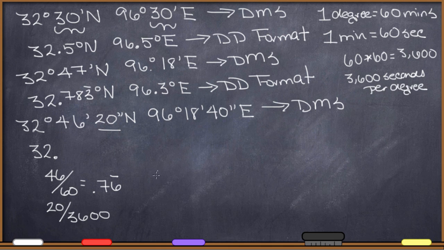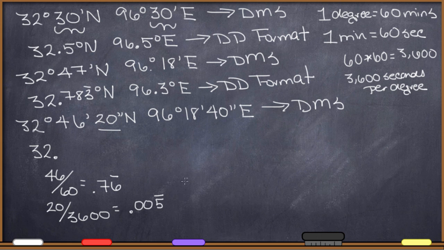So if you want to know, in this case, what fraction of a degree, which is precisely what we want to know, what fraction of a degree is 20 seconds? If I take 20 seconds and divide that by the number of seconds in a whole degree, 20 divided by 3,600, I get 0.005 repeating.